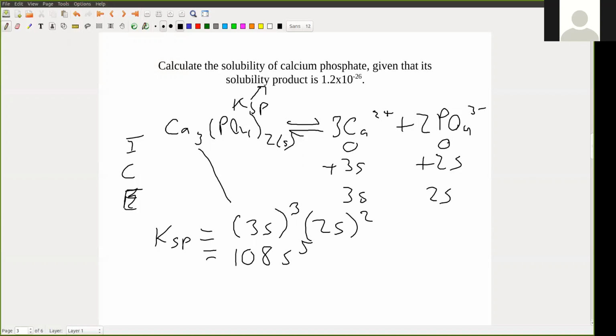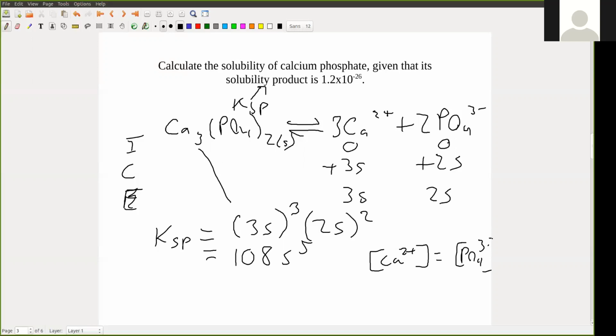Okay, and the reason why we have their values as 3s and 2s can also be associated with the charge, if you wanted to do a charge balance equation. So you have your calcium 2+ is equal to phosphate 3-.